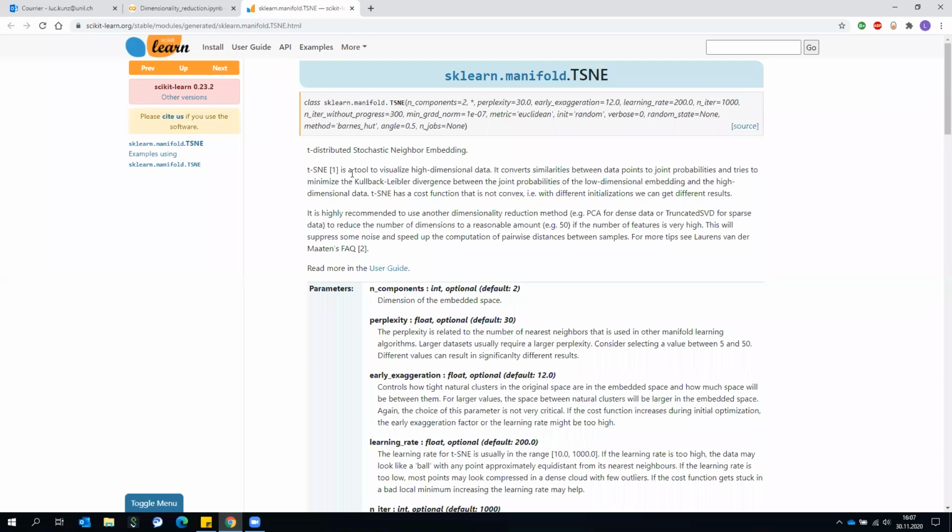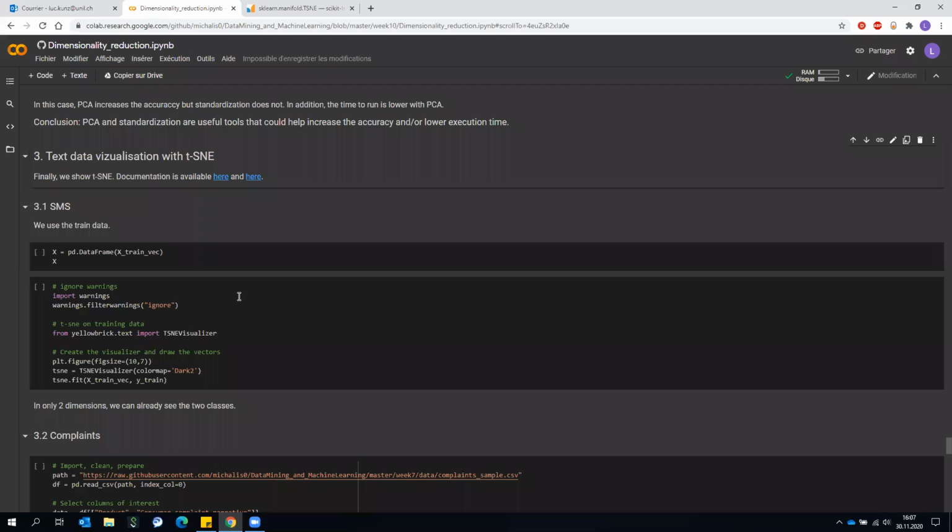Basically, TSNE is also a dimension reduction technique, like PCA or MDS, but it's non-linear in this case. And it's also based on distances, if I'm right.